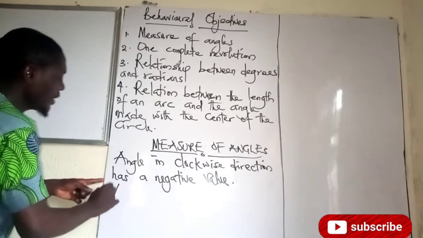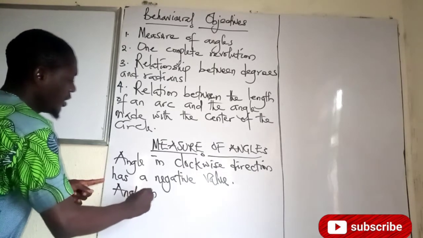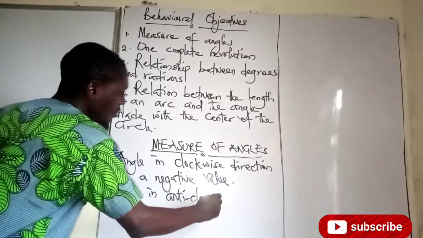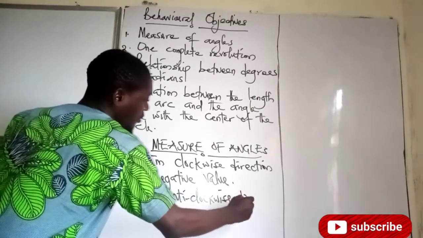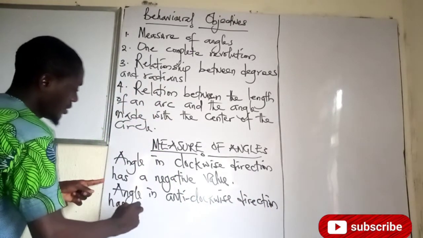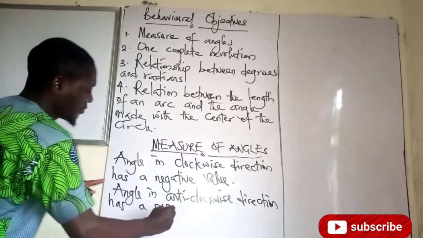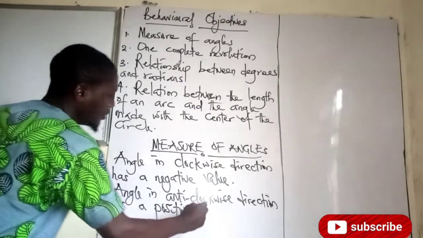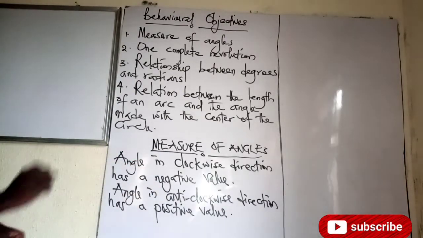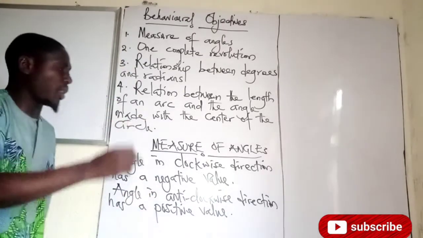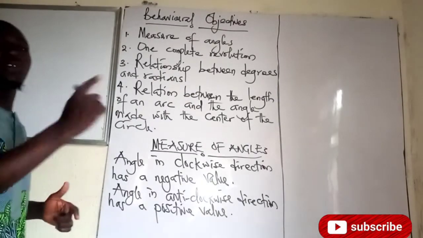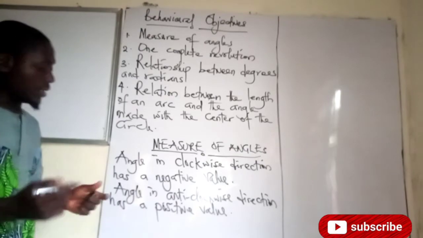So angle in anti-clockwise direction, of course, has a positive value. So it should be noted here that angle moving in anti-clockwise direction has a positive sign, and in clockwise direction a negative sign.